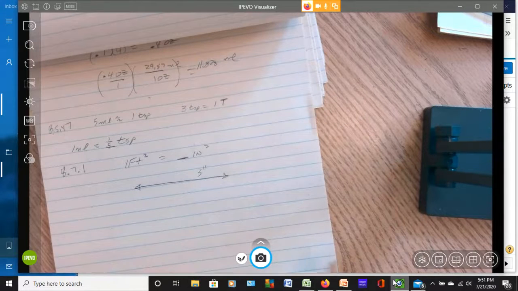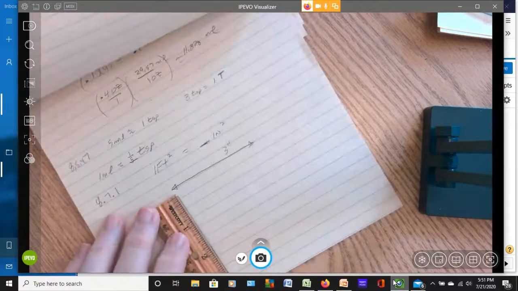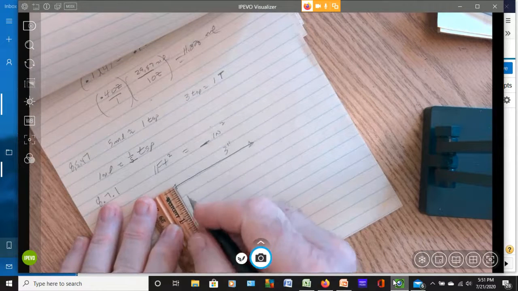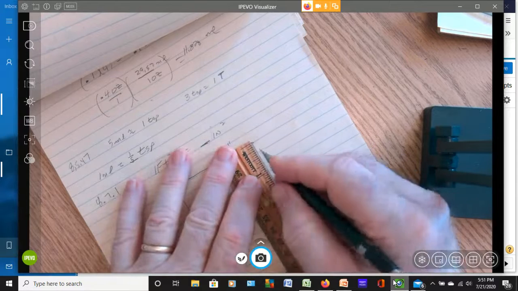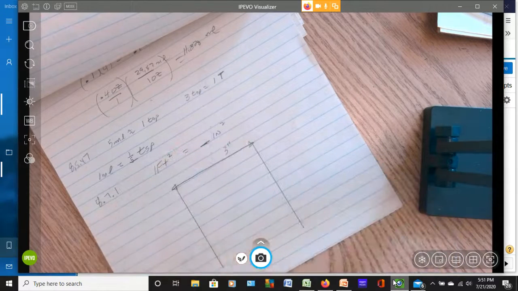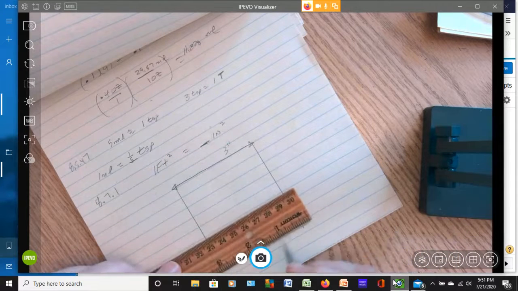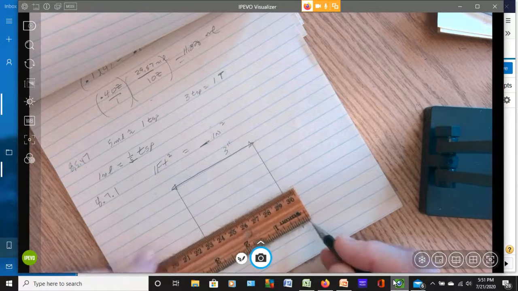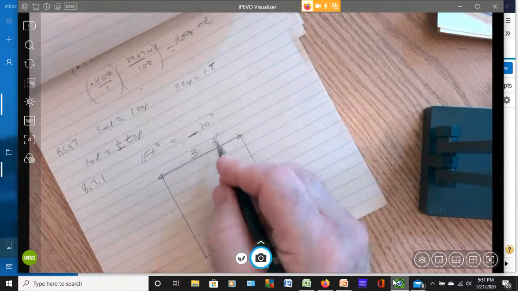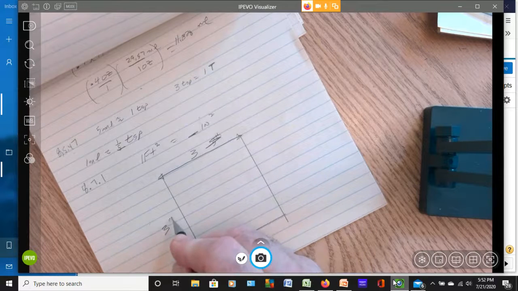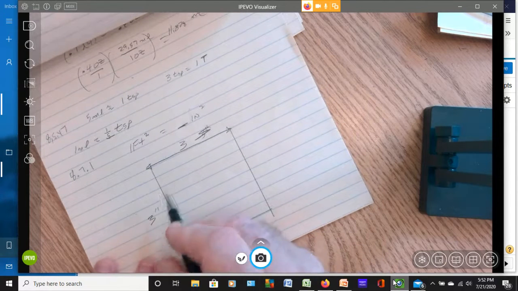But now if I construct a square here, it's going to be kind of close. I'm not doing this precisely, so don't anybody get too agitated. I'm just trying to do something approximate here. I'm going to tell you that this is about a 3-inch by 3-inch square. So what does that mean?